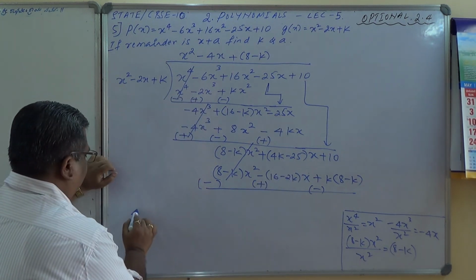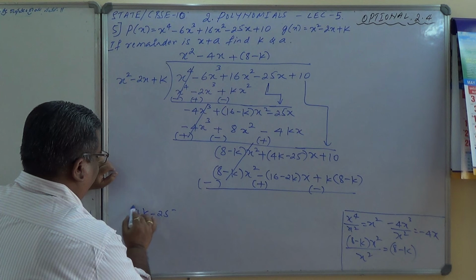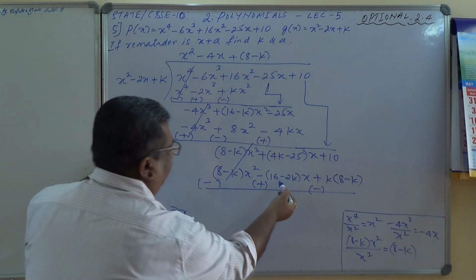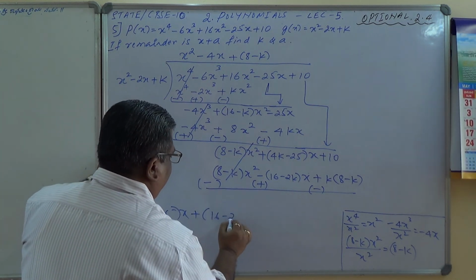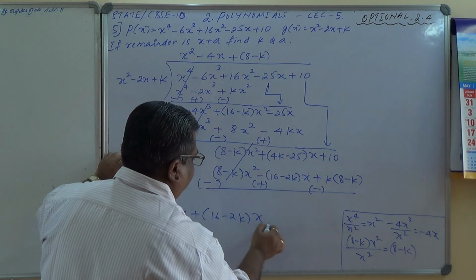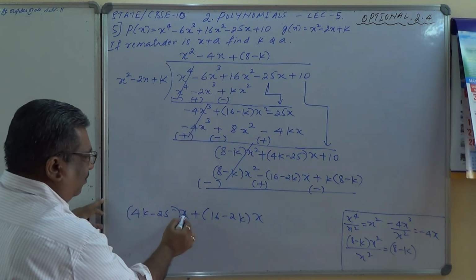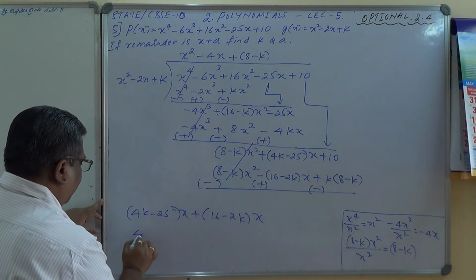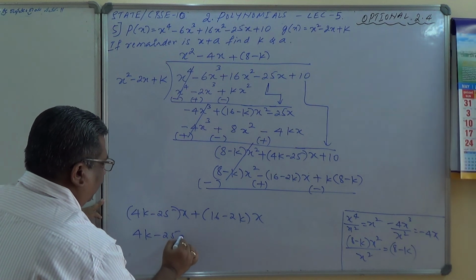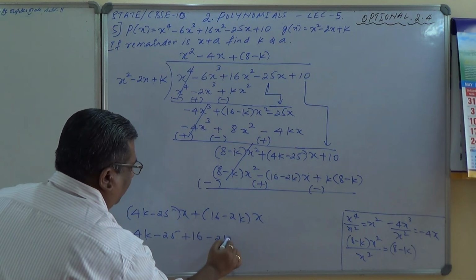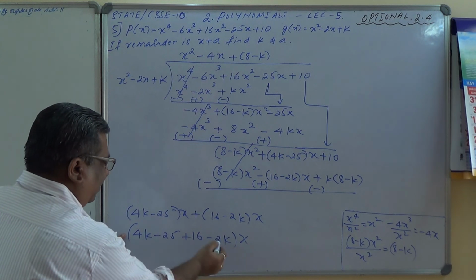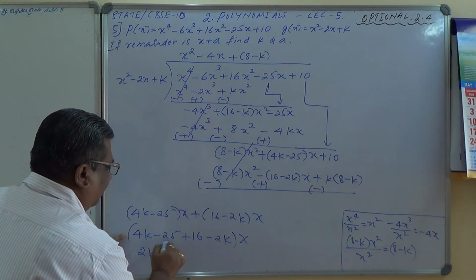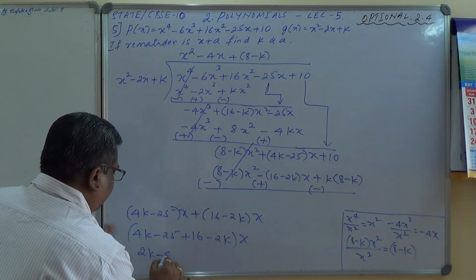Now this I will work out separately in a rough. That is 4k minus 25x, and this plus here plus 16 minus 2k times x. I am working out what is common here. x is common, so 4k minus 25 plus 16 minus 2k times x. What is this? 4k minus 2k is 2k, minus 25 plus 16 is minus 9.